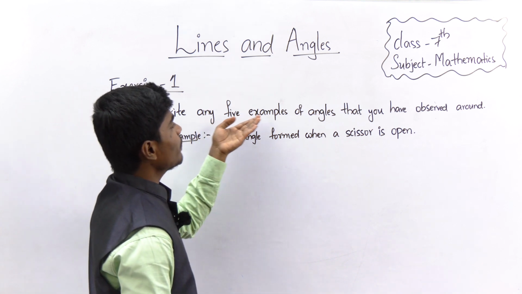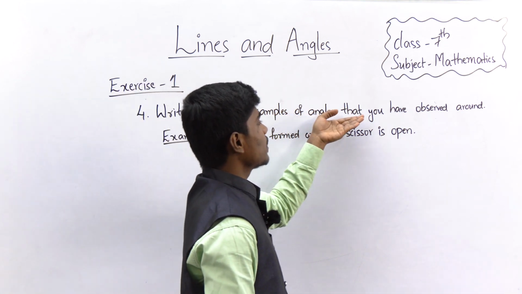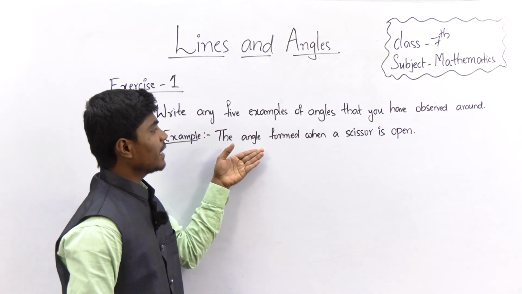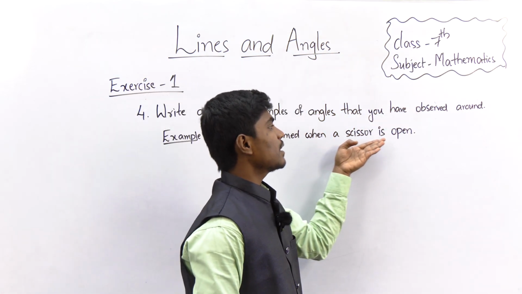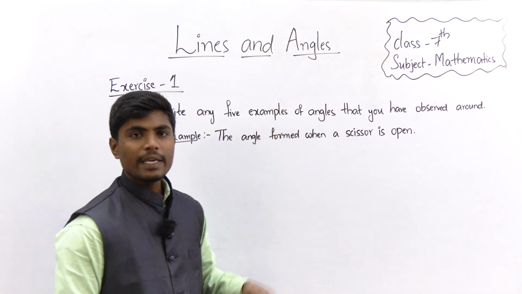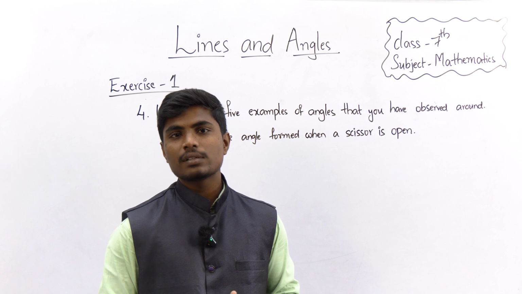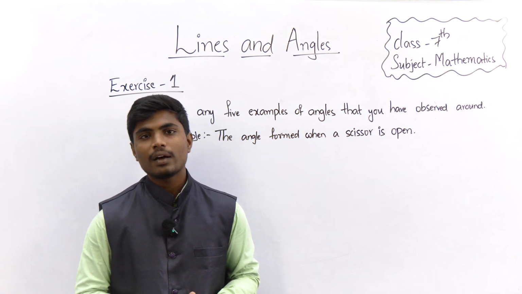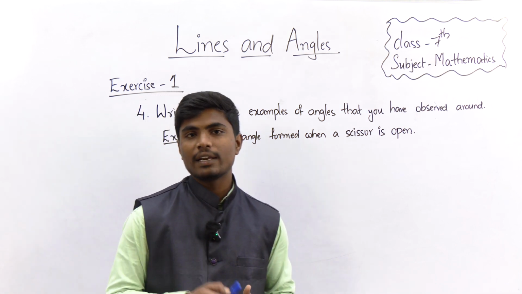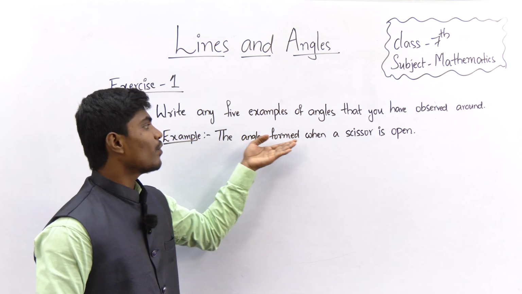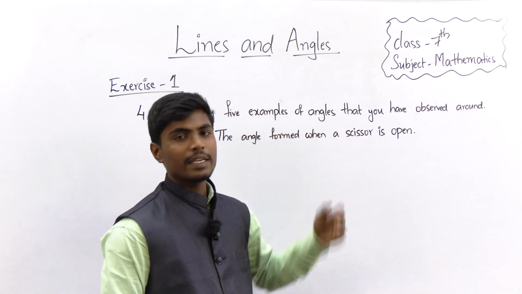Write any 5 examples of angles that you have observed around. Example: the angle formed when a scissor is open. Here he is asking us to write 5 examples where we observe angles in our daily life. The example he gave is the angle formed when a scissor is open.